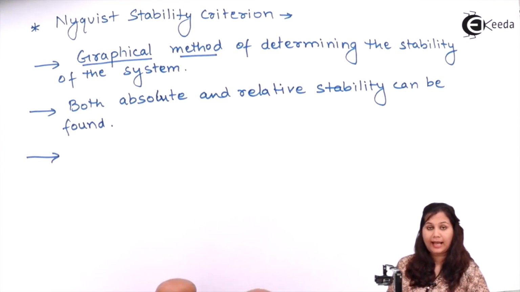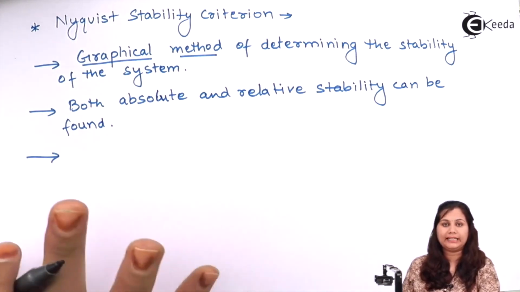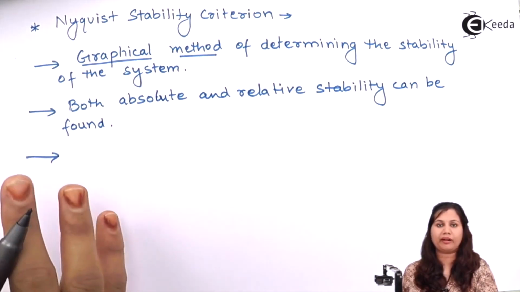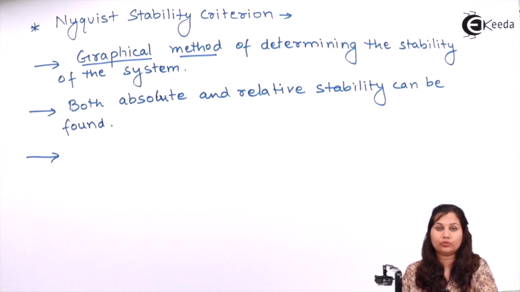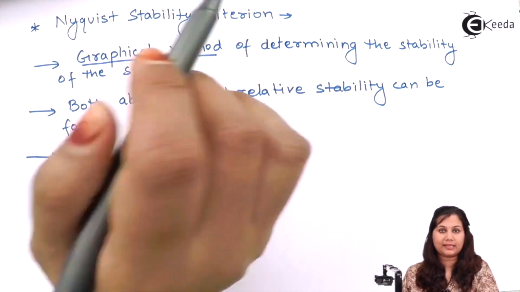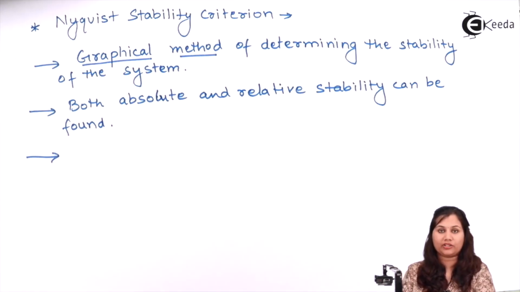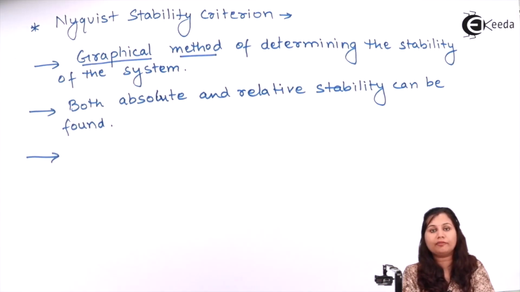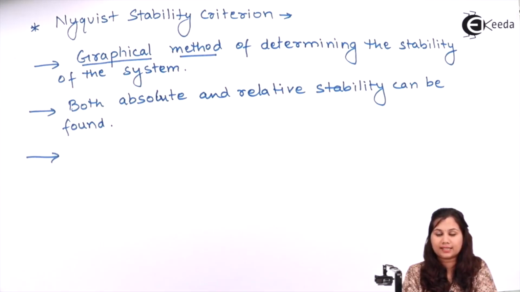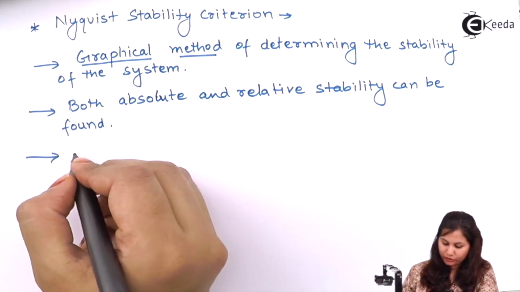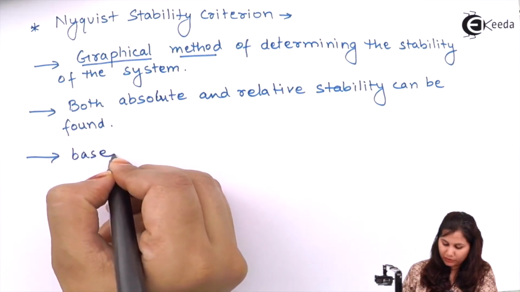And as all the other stability criteria are based on finding out the location of the roots of the characteristic equation, this Nyquist stability criteria is not based on finding out the location. It just uses the frequency response of the system. So it is based on the frequency response.